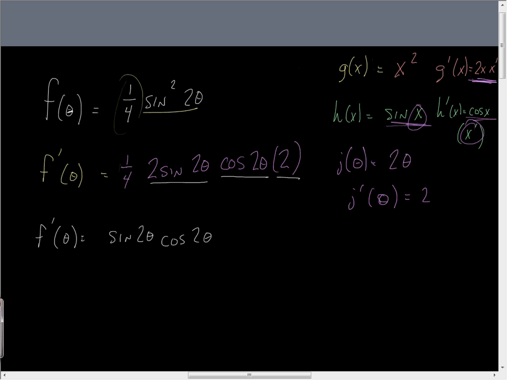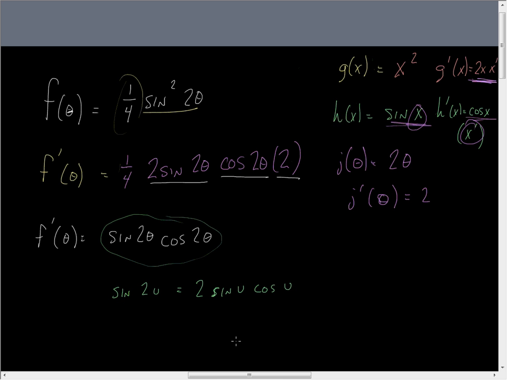All right, now some people might say, "Oh, well, can't we take it further? I seem to recognize that." Yeah, we can. If you take a look at this, this looks very similar. If you know your trig identities, the double angle identity for sine, sine of 2u, is equal to 2 sine u cosine u.